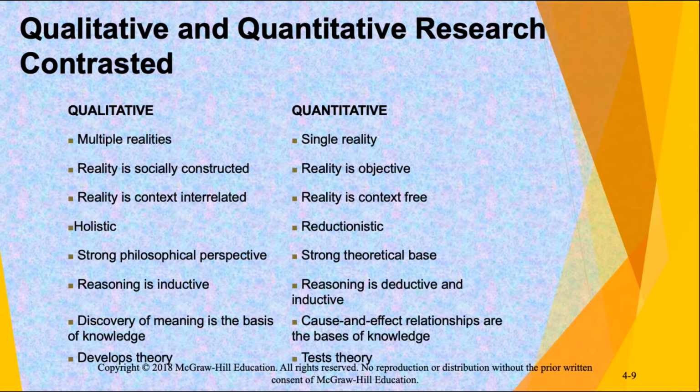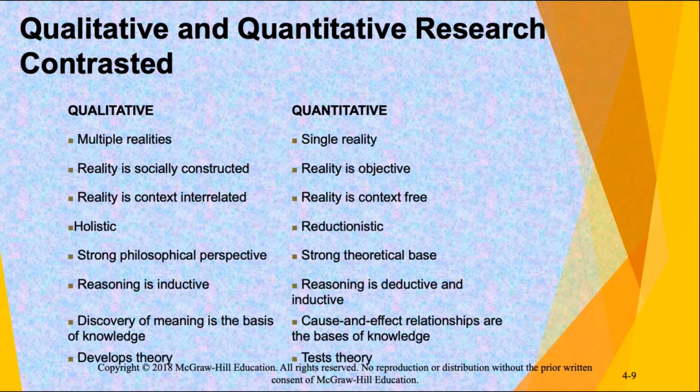Qualitative reasoning is inductive. Just now I explained, we go from specific to the general. We observe a phenomenon, then we generalize it, we develop theory. But quantitative is reasoning in a deductive way, and the inductive way also could be in quantitative.